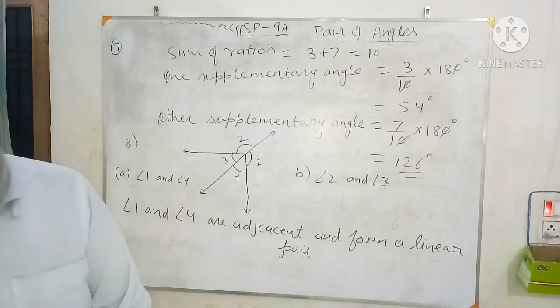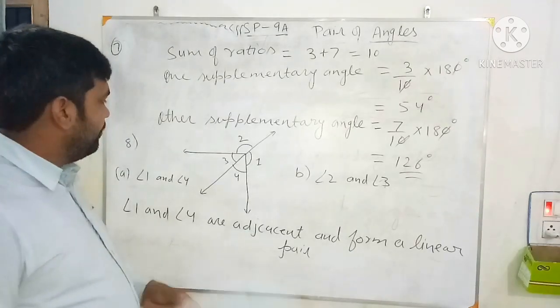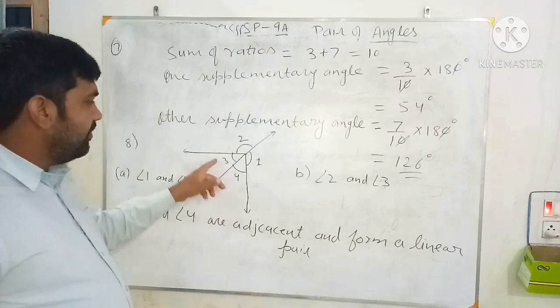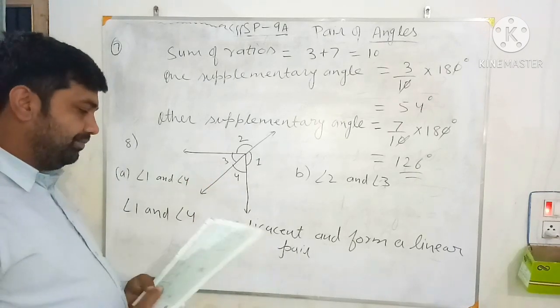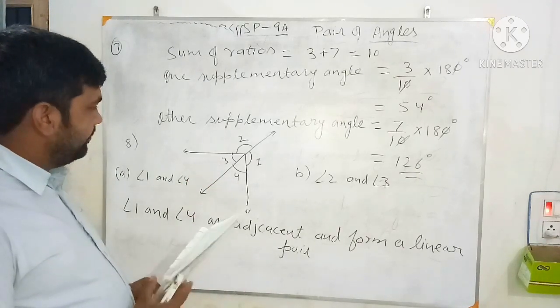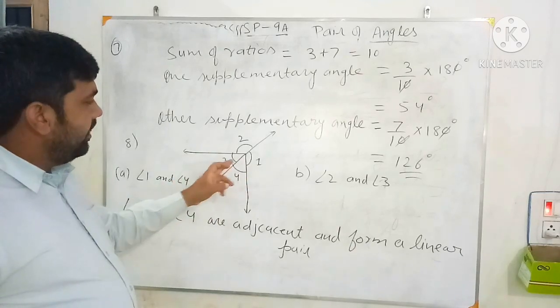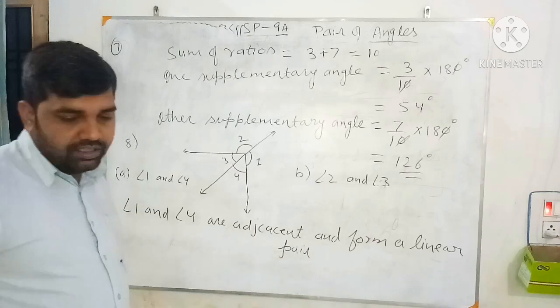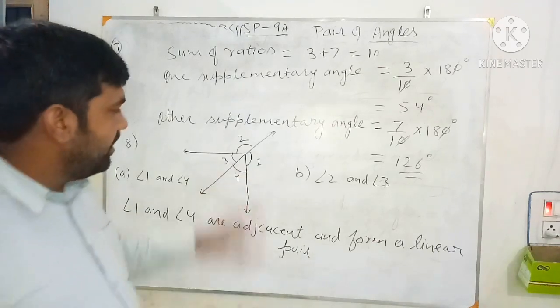Now third, angle 3 and 4. Angle 3 and 4 are adjacent only, not forming a linear pair. Angle 3 and 1 are neither adjacent nor forming a linear pair.